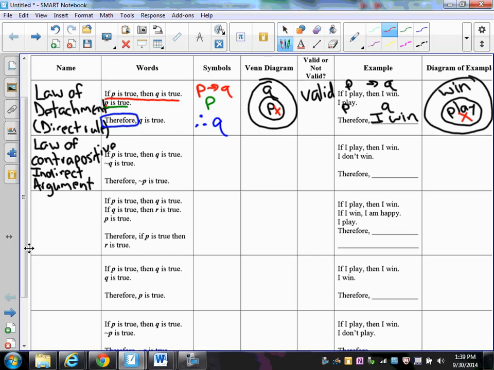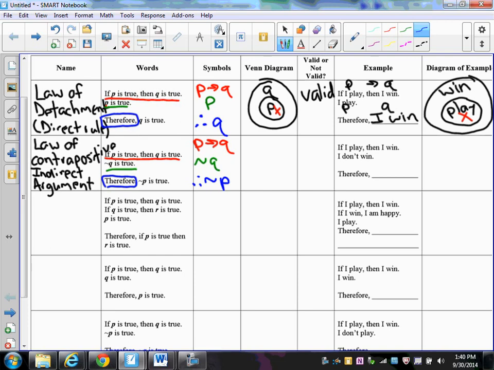The first line, if P is true, then Q is true. So just as before, if P, then Q. Now we have something different. Not Q is true. So that's going to be not Q. Remember, the tilde means not. And then the last thing I have is therefore not P is true.